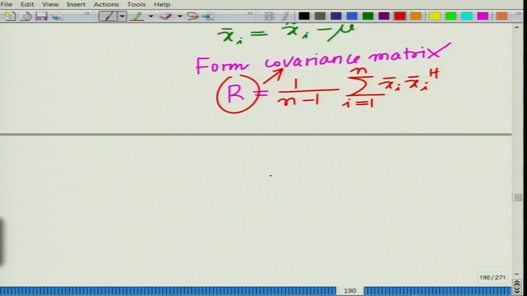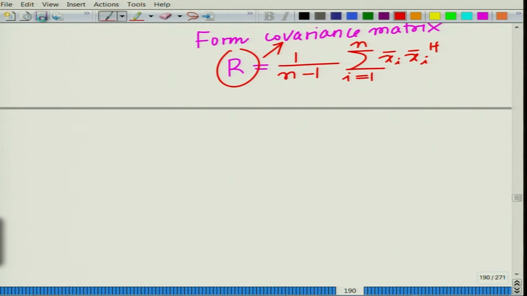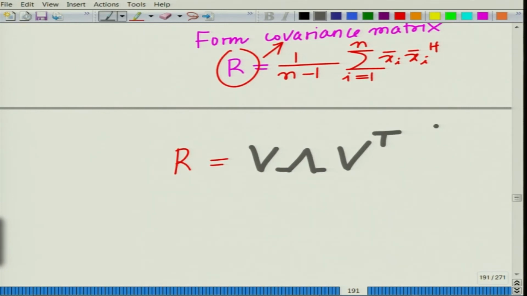Now, once you form the covariance matrix, we form the eigenvalue decomposition of the covariance matrix, and that is given as V lambda V transpose.